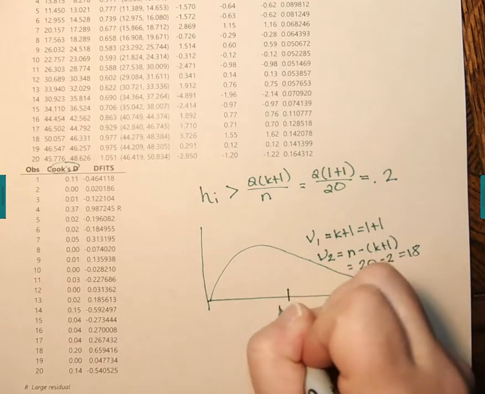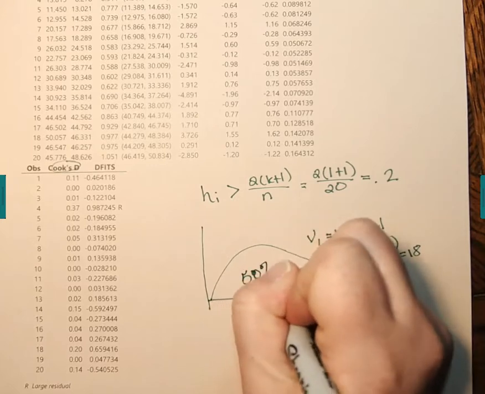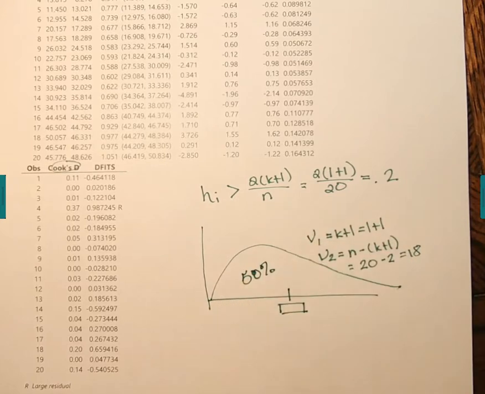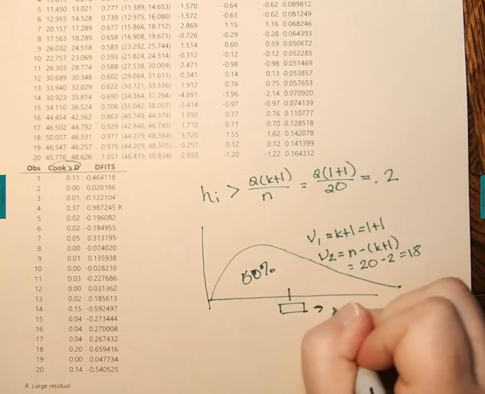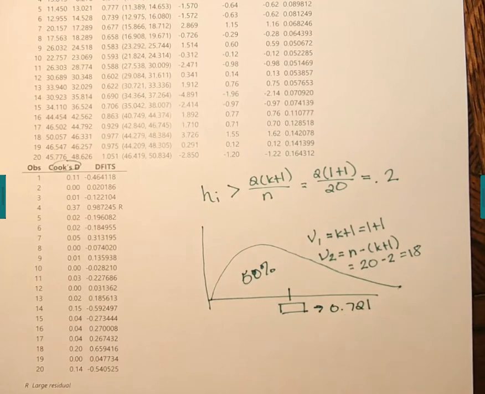In other words, we're looking for the point which has 50% of the area below it. For this particular F distribution, that value occurs at 0.721. So we're looking for Cook's D values larger than that. We don't have any values of Cook's D larger than that value, so in this case, Cook's D is not indicating that anything is influential or that there's anything we need to worry about.